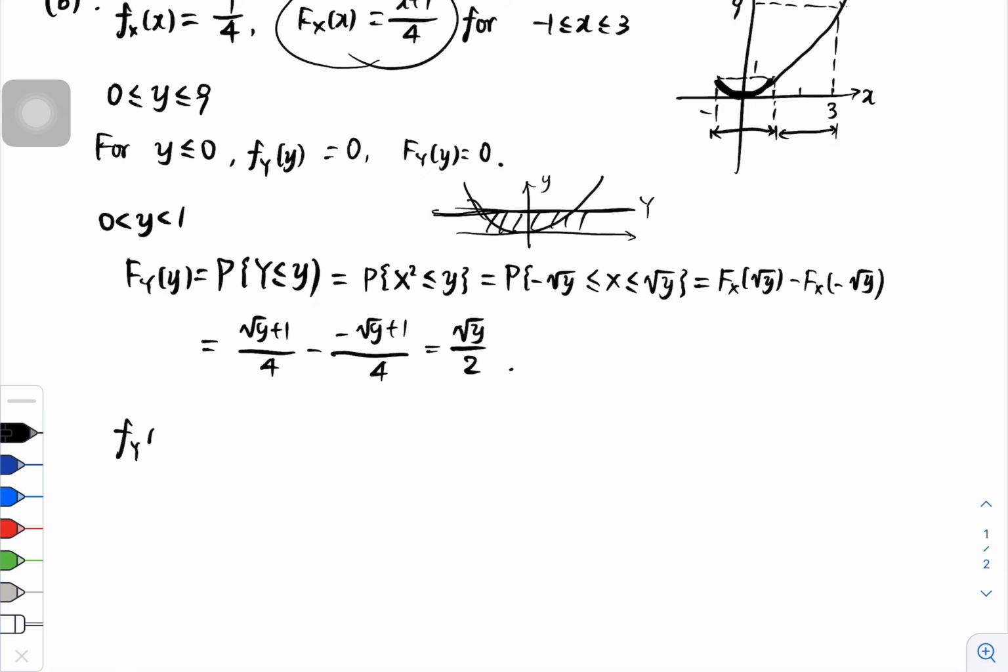And simply, the density function of y is the derivative of the distribution function of y. It is this.